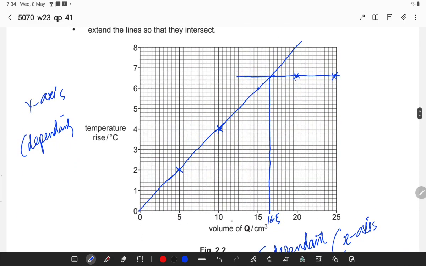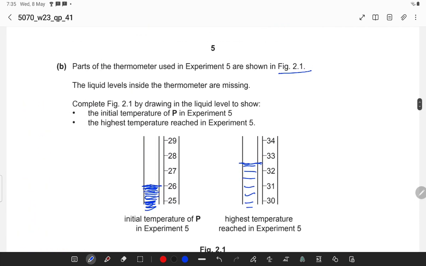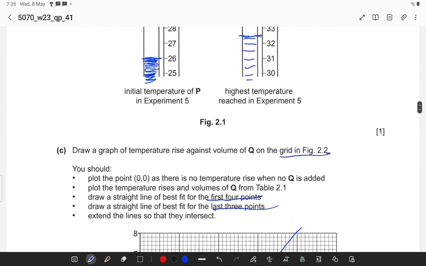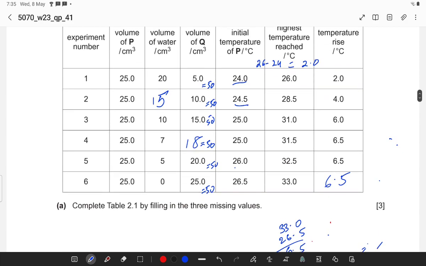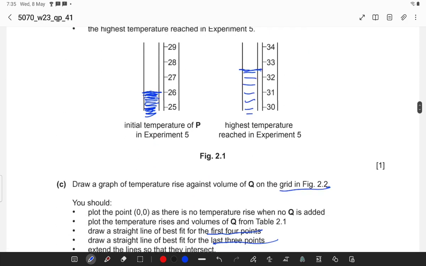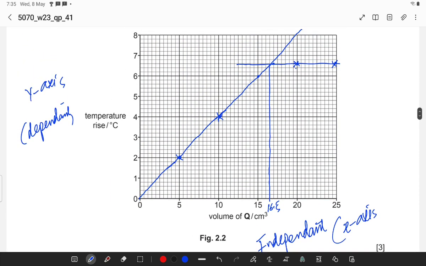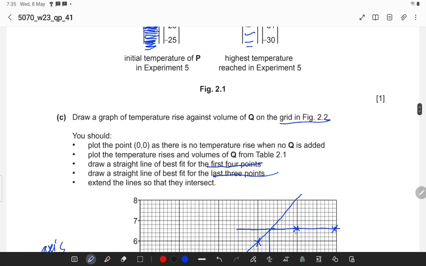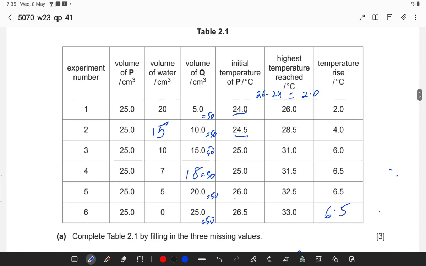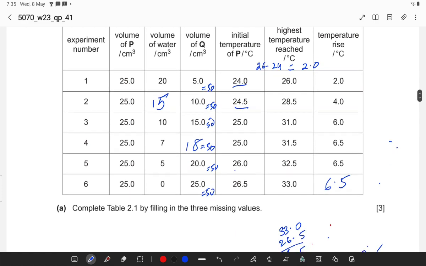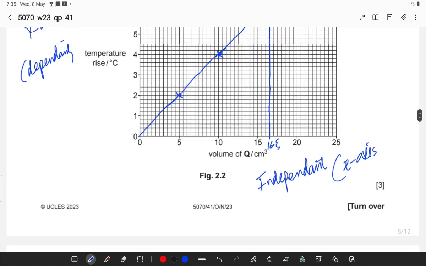This is for 10 cm³ of Q, which is 4, and 15 cm³ of Q is 6. This is 6, and this is 18 degrees centigrade.